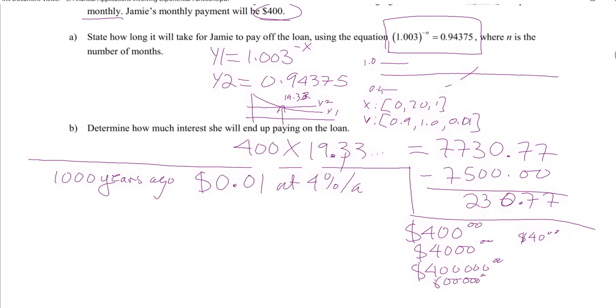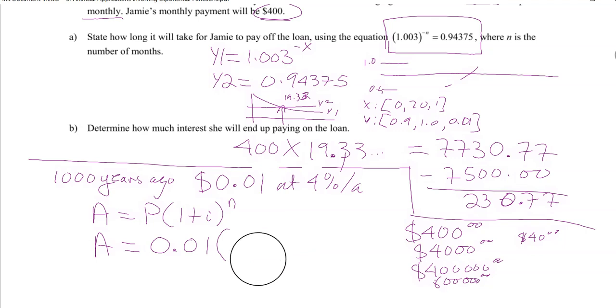What is X? Okay, so here's the formula. The amount is the principal, so the amount we're going to end up with, and we'll do it in dollars, is $0.01 times 1 plus 0.04. We can just go straight to 1.04 to the power of 1,000.